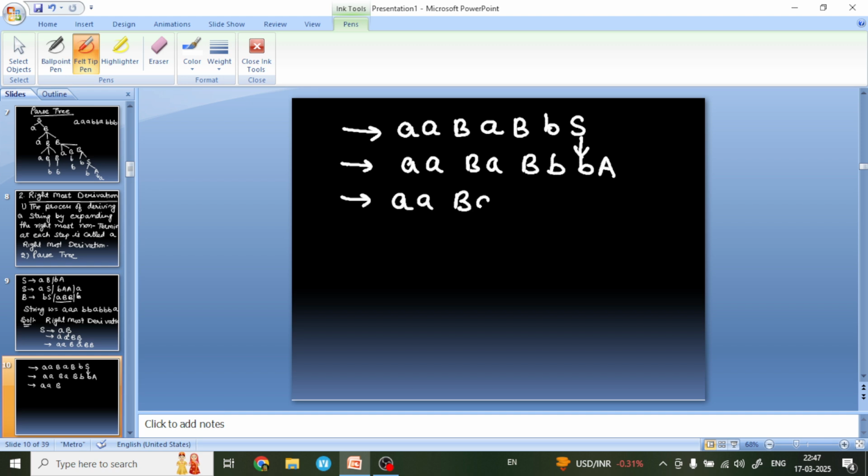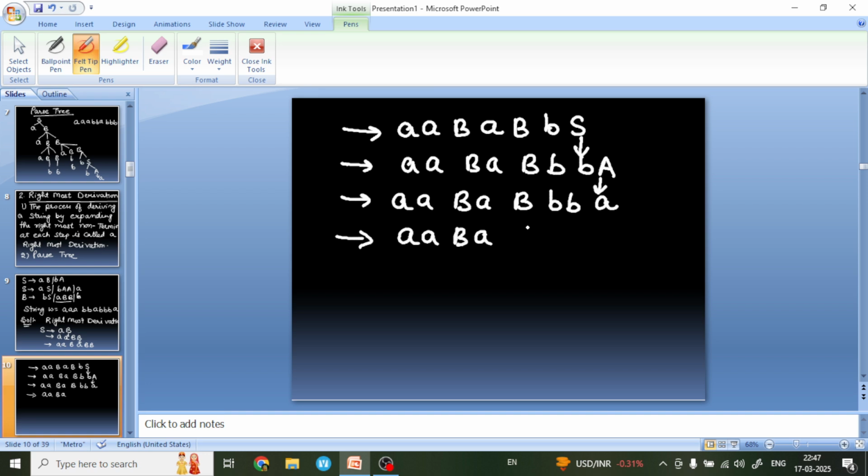a B B, now B B. In place of capital A take small a, then again a, b, a.